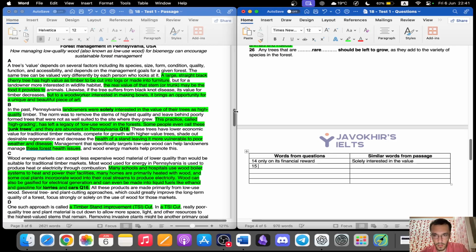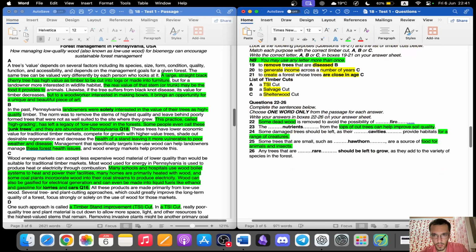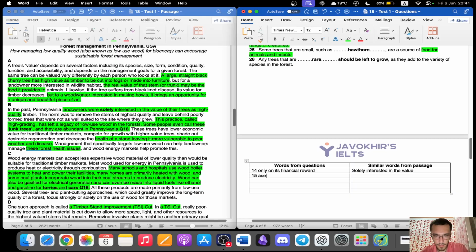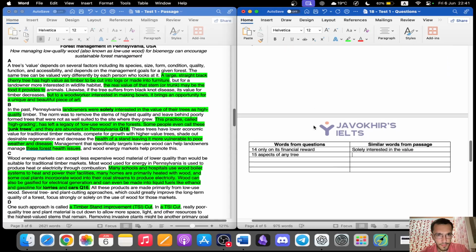Question 15. Question 15 says aspects of any tree. Aspects of any tree came from A, or not A, maybe present. Aspects of any tree: size, form.